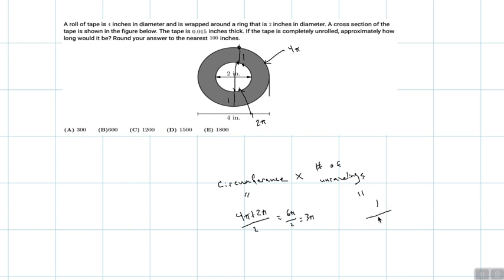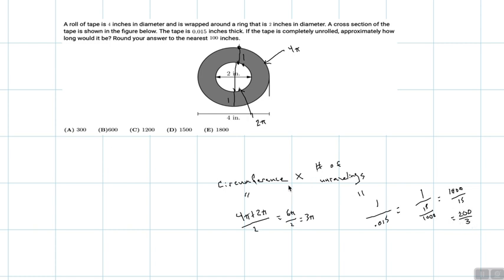And it's going to be 1 over 0.015. And so what this comes out to is, we can simplify it. That's just 1 over 15 times 1,000, which, if we simplify this fraction, is 1,000 over 15, which is 200 over 3.